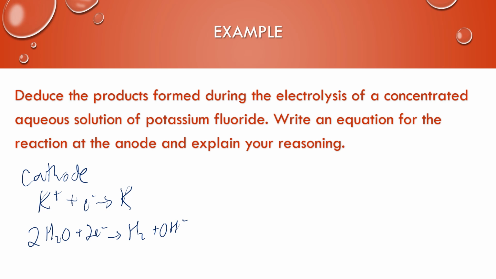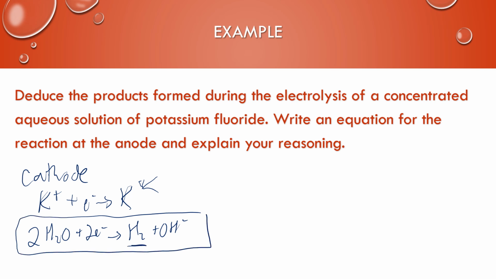If you looked at only the reduction potentials, you would maybe assume that the potassium would be formed, but solid potassium reacts very violently with water, so it's most likely not going to be the reaction that is favored. The favored reaction is the one with hydrogen gas and hydroxide ions being formed.